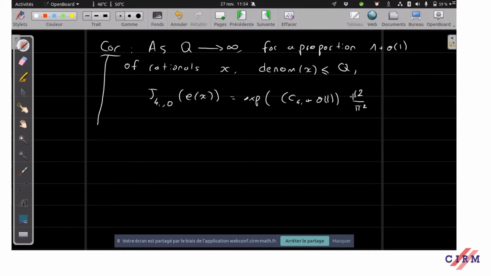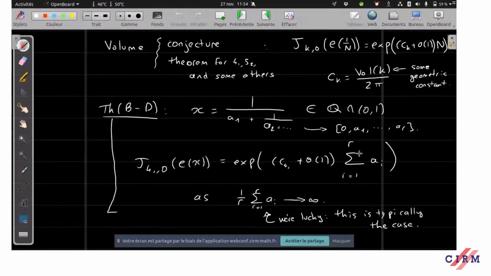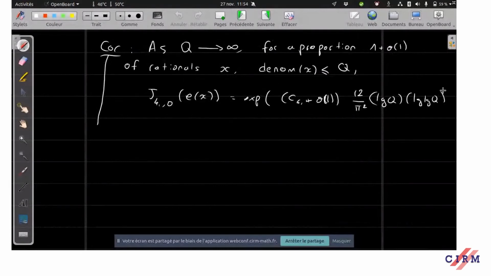Well, okay, simple to state, but to prove it you need to work a bit harder. So we obtained a law of large numbers with Sandro for the sum of the continued fraction digits, and from this and the previous theorem, you can immediately deduce this statement. So it's a form of law of large numbers for the log of the j invariant of rational numbers.